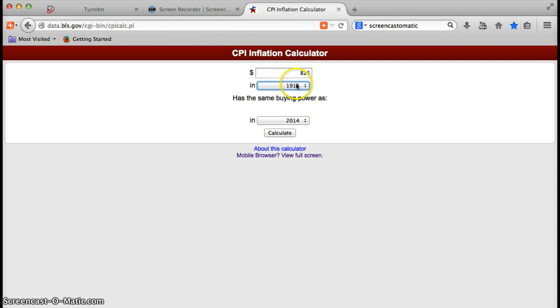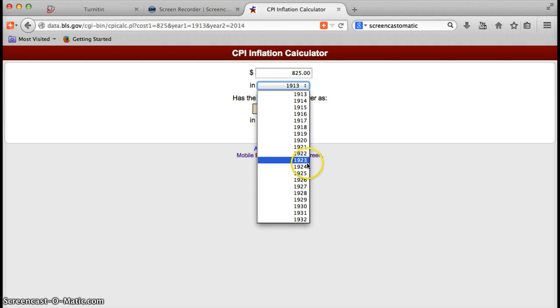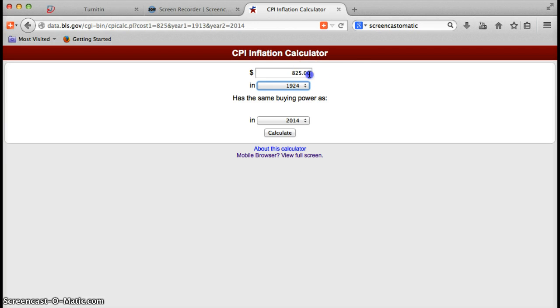But $825 in 1913 is today $19,835.92. Now, in 1924, after the assembly line was introduced, the price was decreased from $825 down to $495.